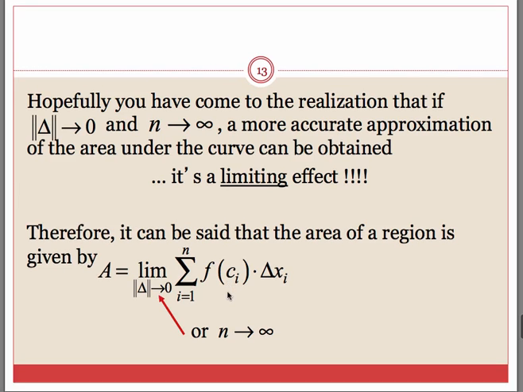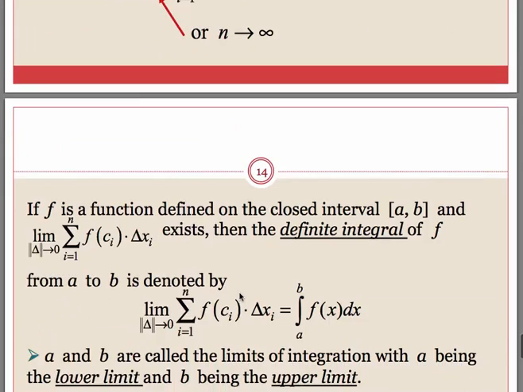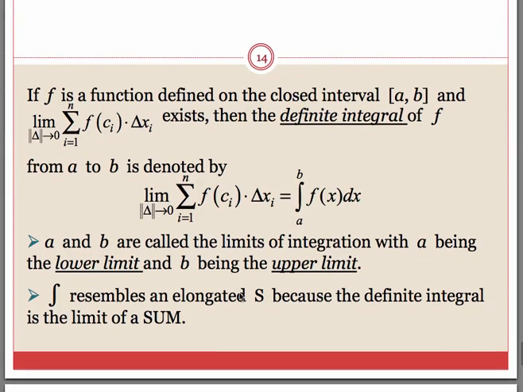Now the function f is going to be defined on a closed interval. If you look back to all those examples we just worked, you were always told what the left and the right endpoints to use were. So that's going to be the closed interval from a to b. Then we have a new definition: the definite integral of f defined to be that limit we just talked about.